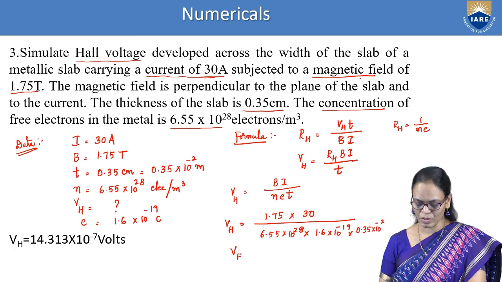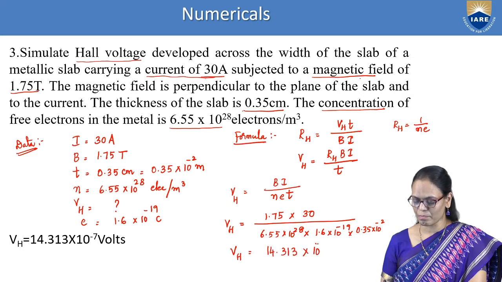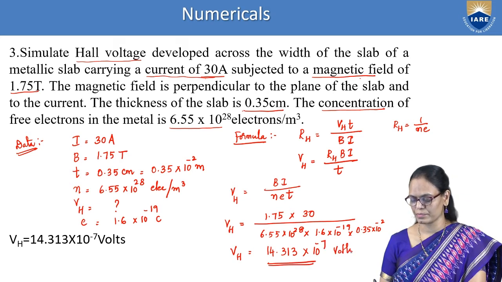So we get the Hall voltage to be 14.313 into 10 power minus 7 volts.